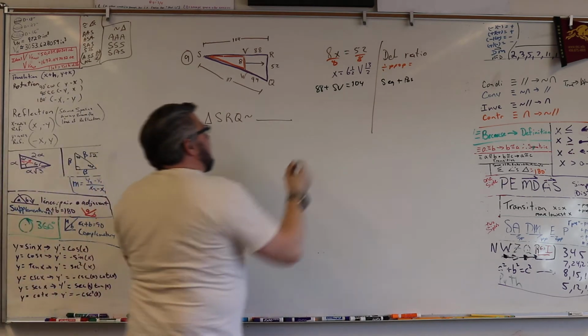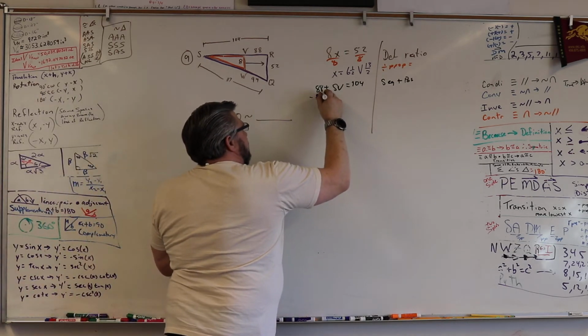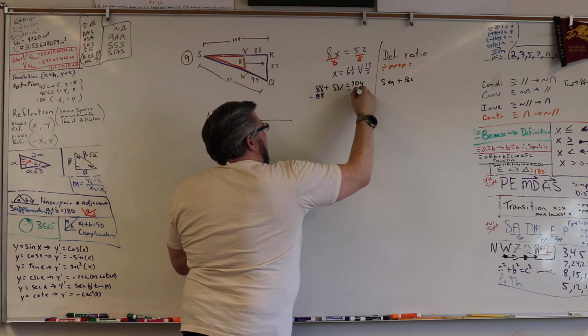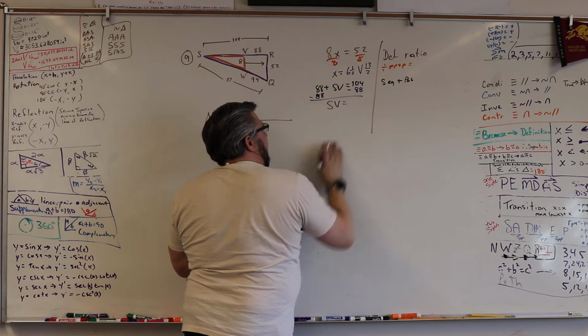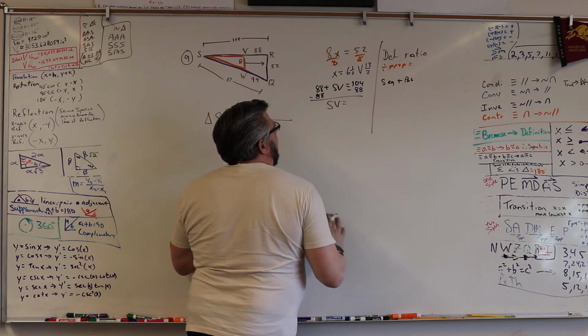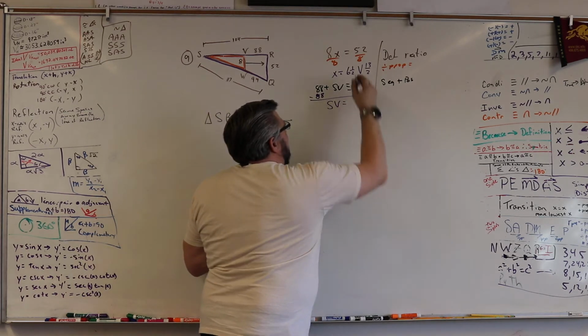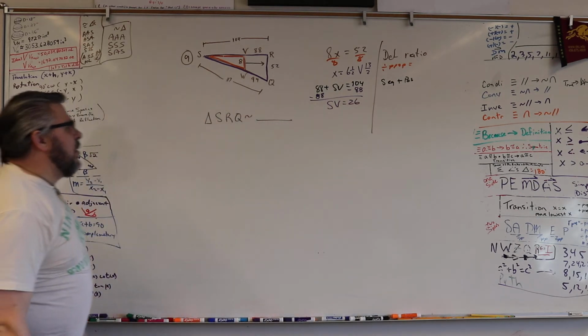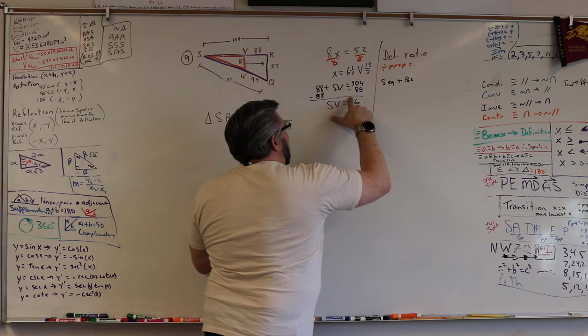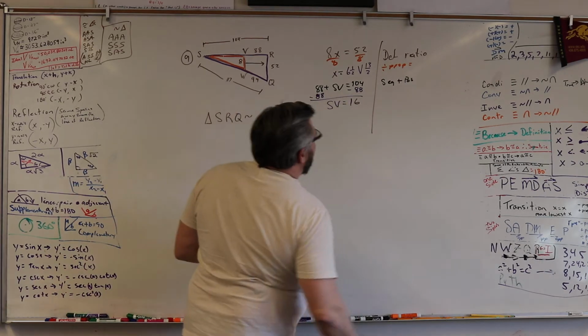So then I subtract 88. SV should equal, well, it's 20 plus 2 plus 4. 26? No, 10. My bad. 10 plus 2 plus 4.